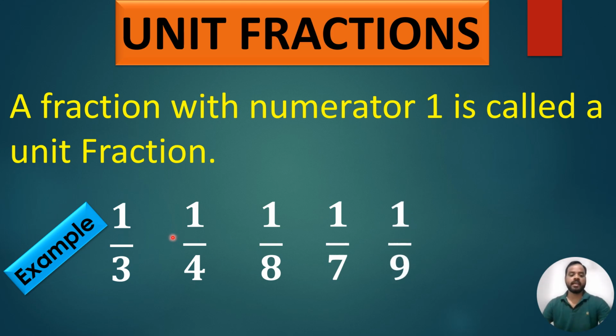Here we are given 1 by 3, 1 by 4, 1 by 8, 1 by 7, 1 by 9. For all these fractions, the numerator is 1. Therefore, they all represent unit fractions.